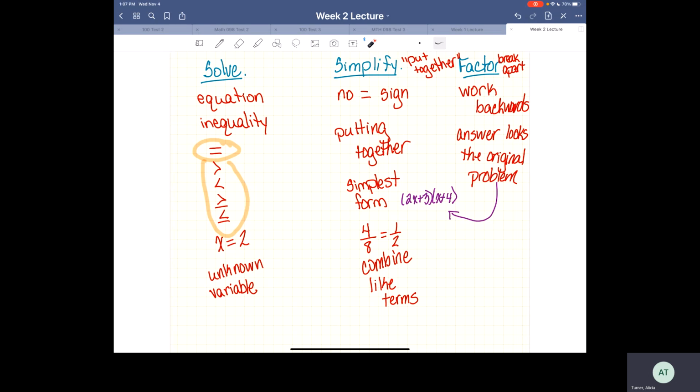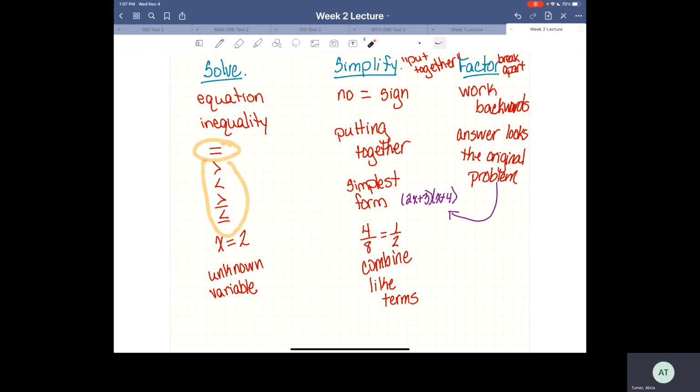Now, when we do factoring, we are breaking things apart. Think of it as working backwards from simplifying. Very often your answer looks like the original problem did when you were trying to simplify.